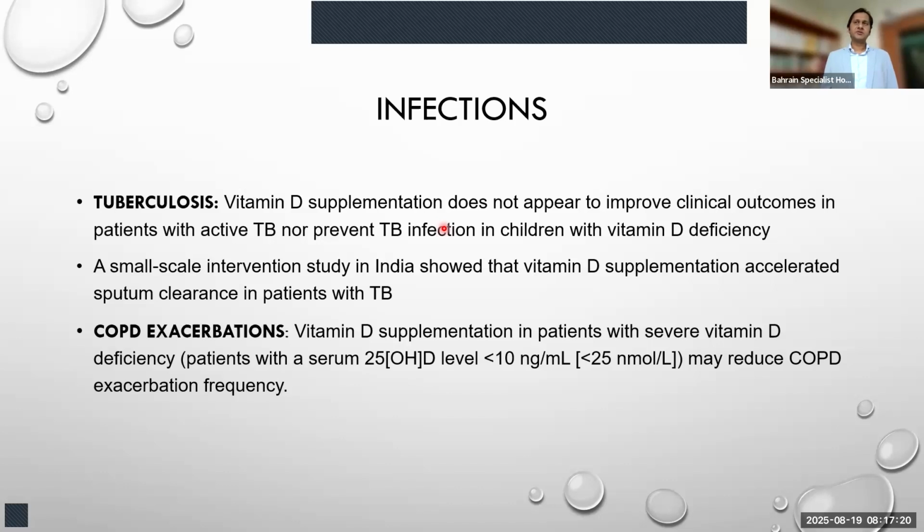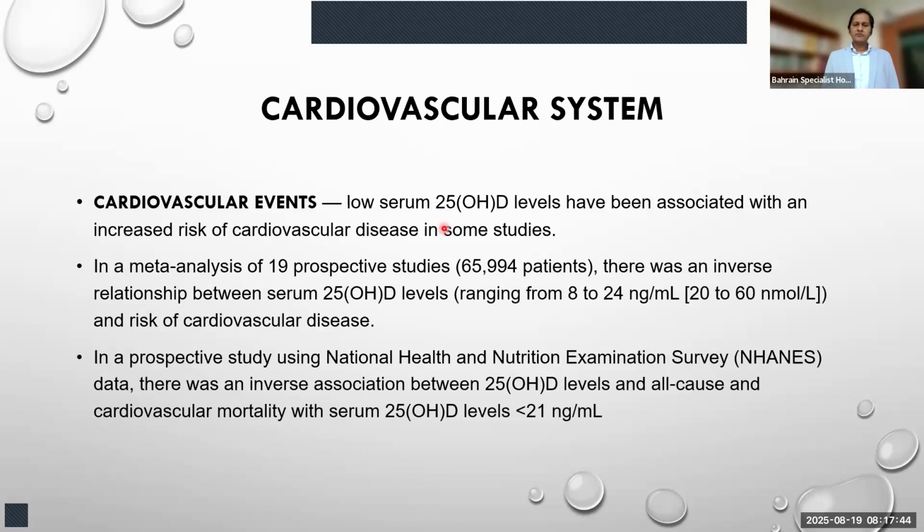If vitamin D is sufficient, it strengthens the immune system. Vitamin D deficiency has also been seen in COPD exacerbations, and persons with COPD given higher doses of vitamin D had lower COPD exacerbations.